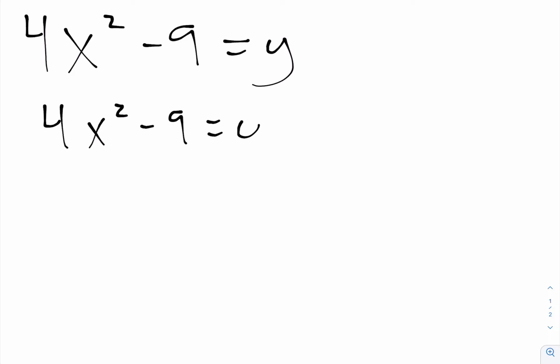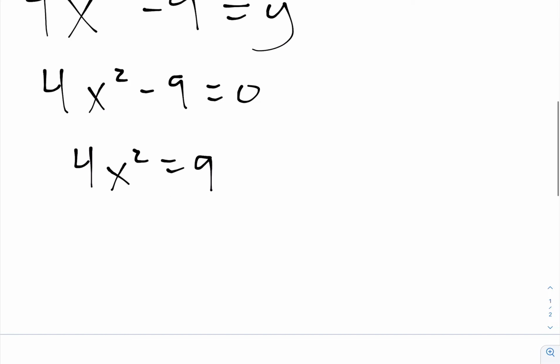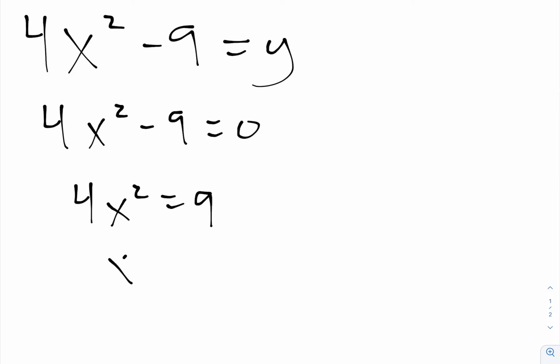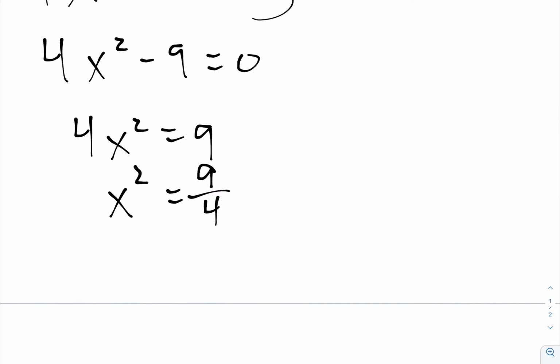One way that we could do it is see that there's only an x in one of the terms. So that means if we add 9 on both sides, we'll get 4x squared equals 9. To just get x squared, we divide by 4 on both sides to get rid of that 4. So we get x squared is 9 over 4. And by square rooting both sides, we get rid of the x squared.